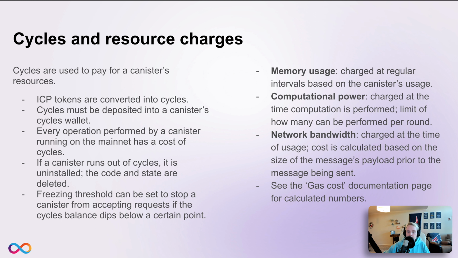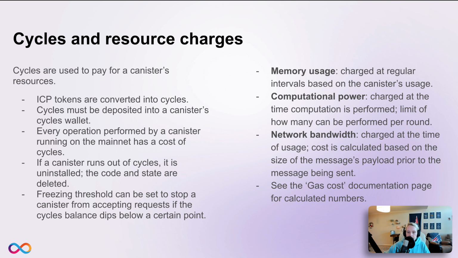So how are these resources charged? Memory usage is charged at regular intervals based on the canister's usage. Computational power, however, is charged at the time that the computation is performed, and there is a limit of how many can be performed per round, which is an intentional design choice for security purposes.